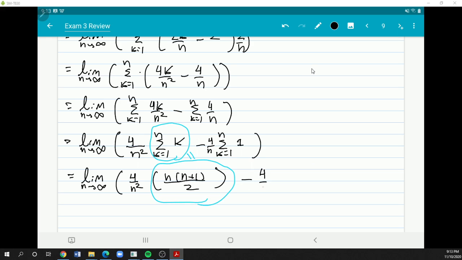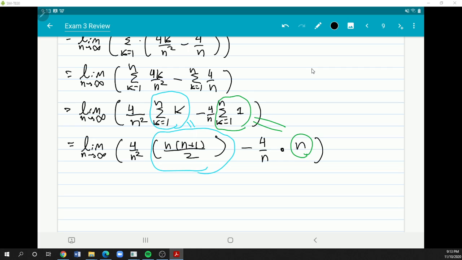Minus 4 over n times n, so I'm adding 1 to itself n times, that's n. It's also another formula. So this n and this n cancel.